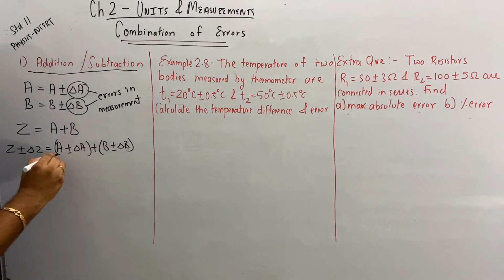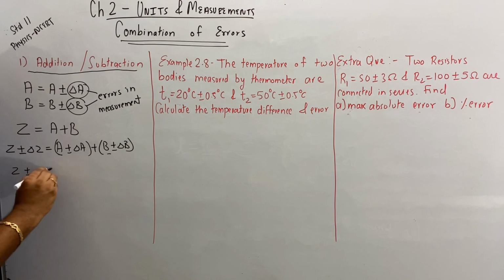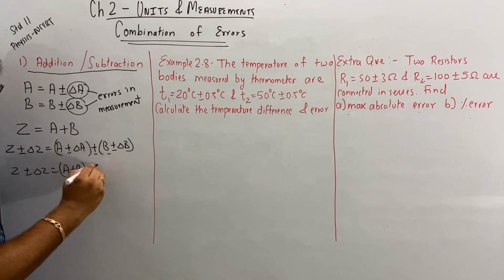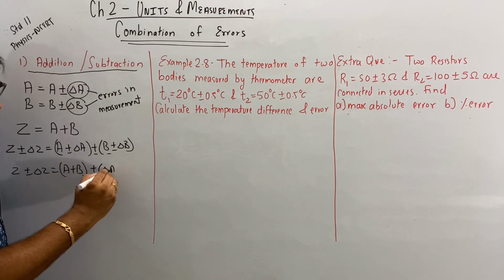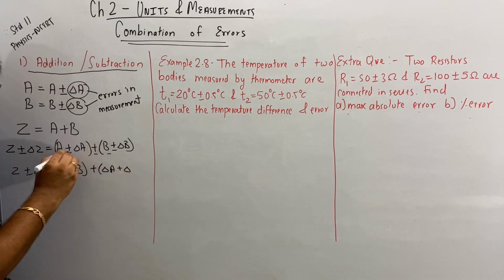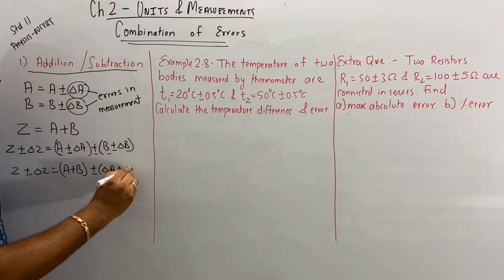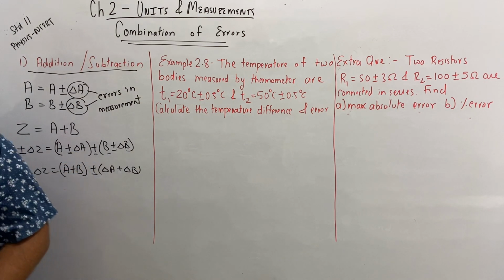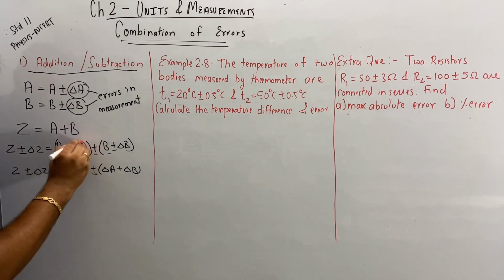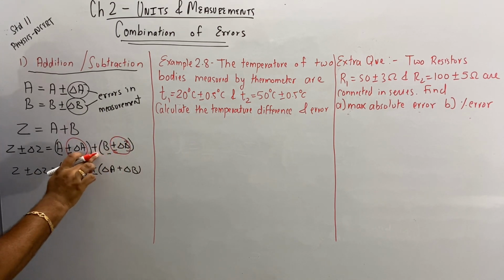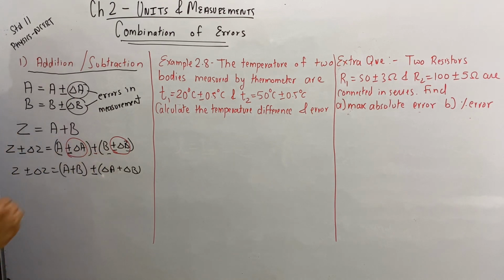So now see, A plus B, plus minus delta A, plus minus delta B. Note it down: here it's plus minus delta A, here it's plus minus delta B, and here it's plus.